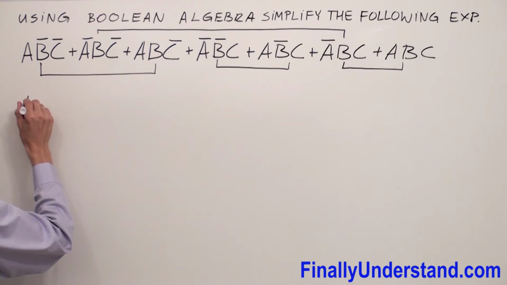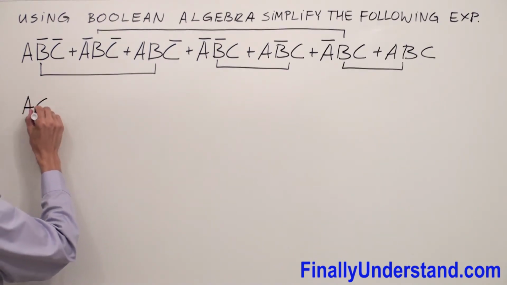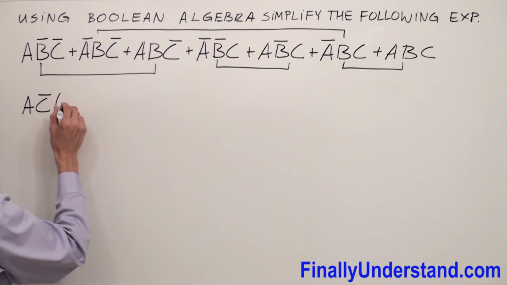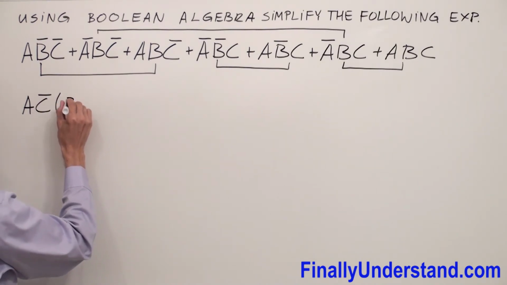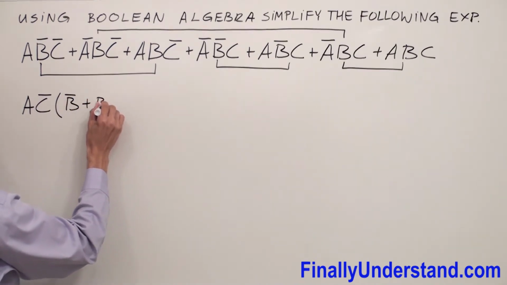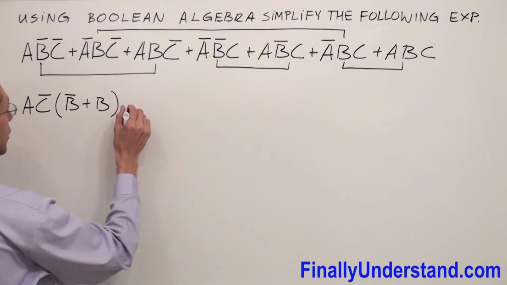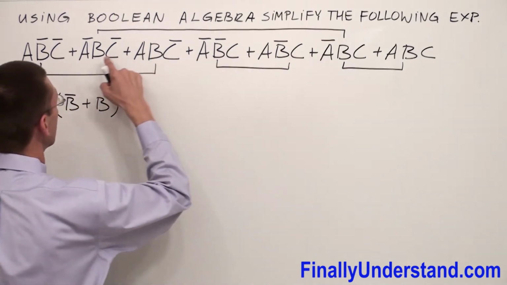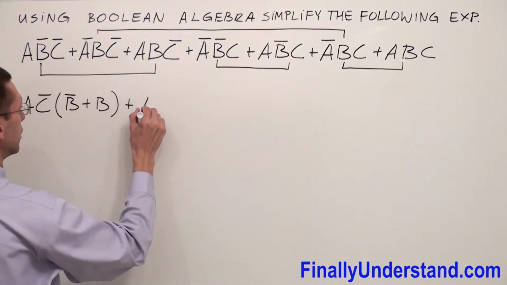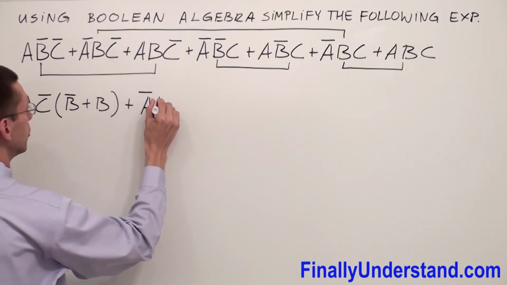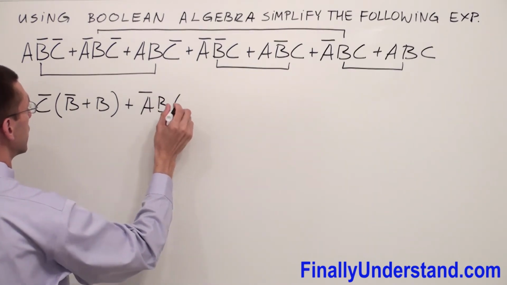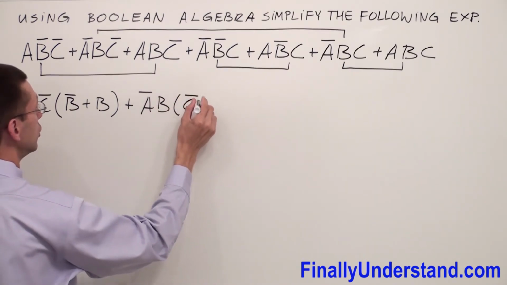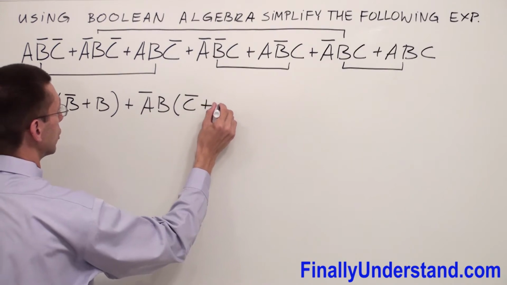I have a c naught, and inside of the parentheses I'm going to have b naught or b, or from these two terms I'm going to factorize a naught b, and inside of parentheses I'm going to have c naught or c.